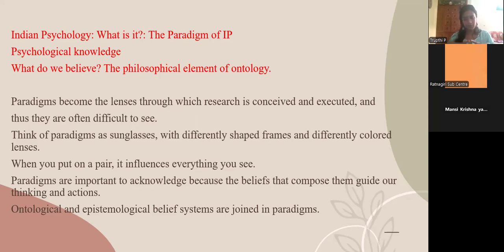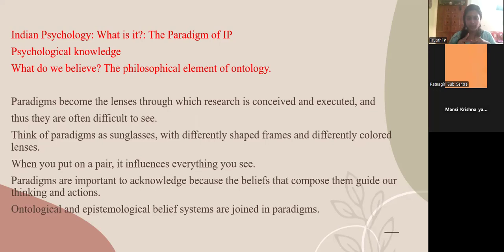And what I mean by paradigm is how we're going to start. All right. So, what is a paradigm? Let's assume it's like a structure, which is ontology and epistemology.